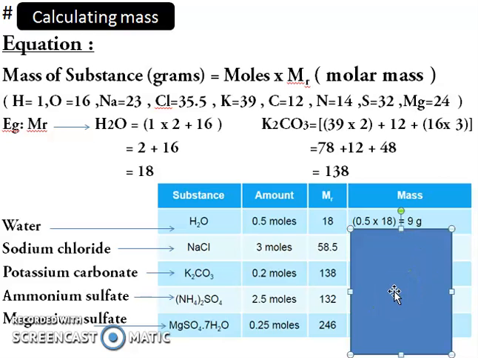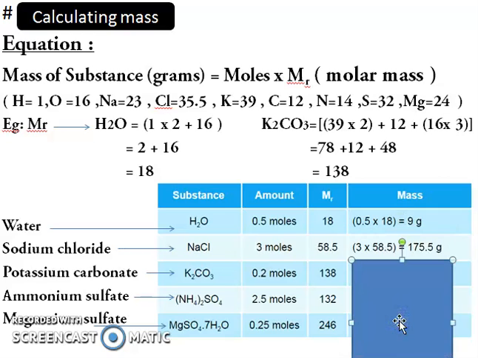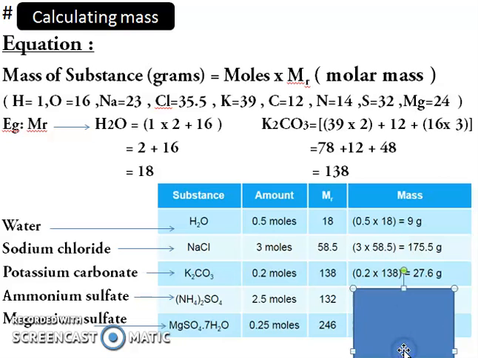So I will calculate for NaCl, that is 3 moles into 58.5. What will be the answer? Yes, very good. 175.5 gram. Next, do it fast. 0.2 into 138. Yes, very good. That is 27.6 gram.